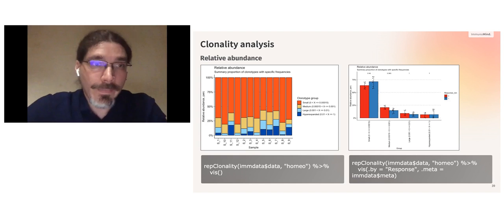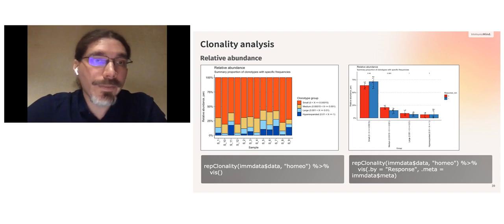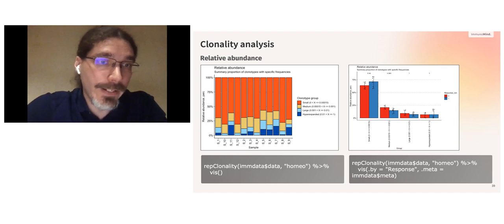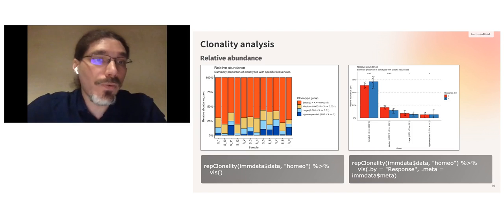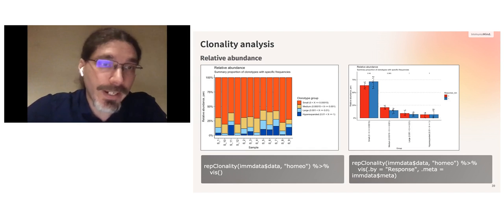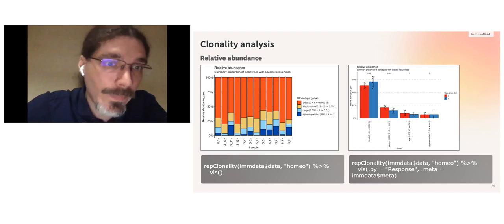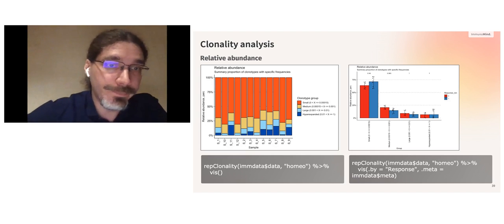Let's look at the left chart, and let's look at the legend. There are 4 clonotype groups. The small group consists of clonotypes which occupy, you see, from 0 to an extremely small number, 0.00015.